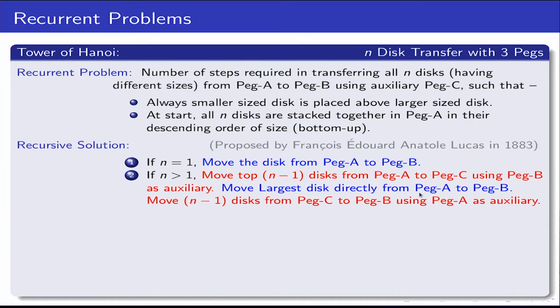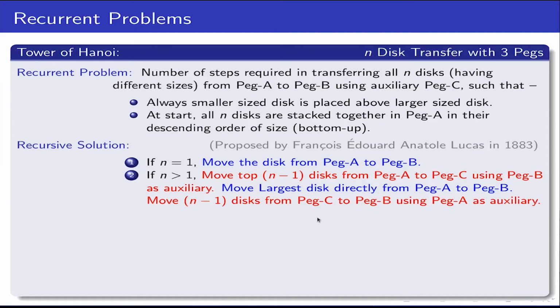Then the largest disk is free to be placed directly from peg A to peg B. And then I have n minus 1 disks again, from peg C as a source, peg B as a destination, using peg A as auxiliary. So the red things are my recursive formulations of the problem using a smaller number of instances, that is, fewer disks. And the blue ones here are the direct moves.